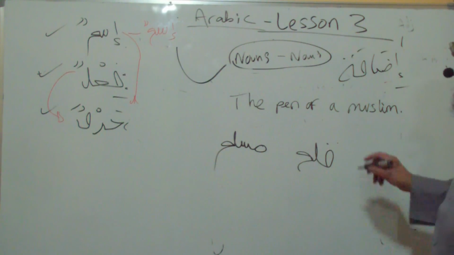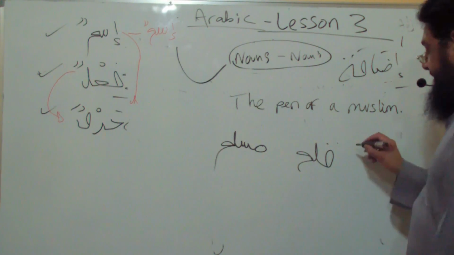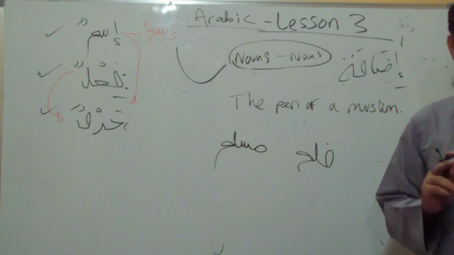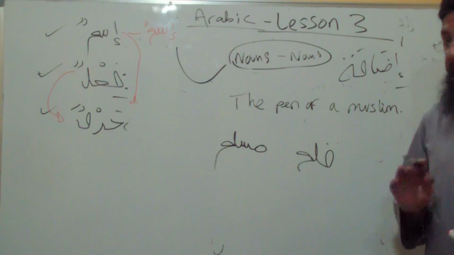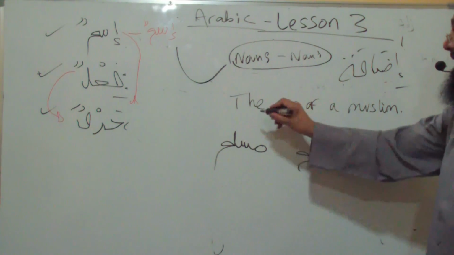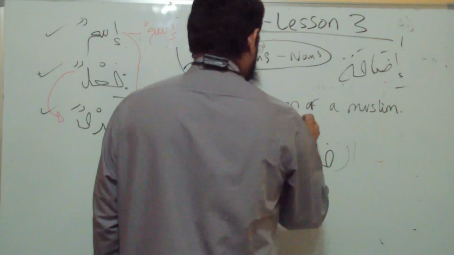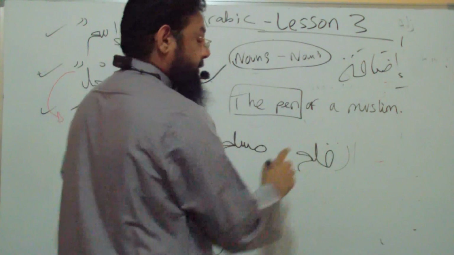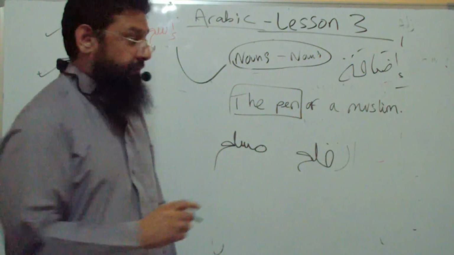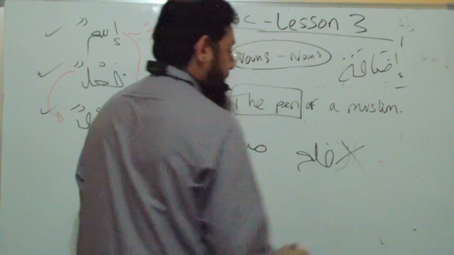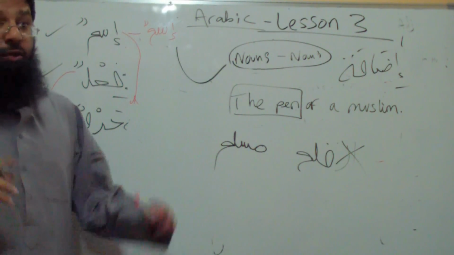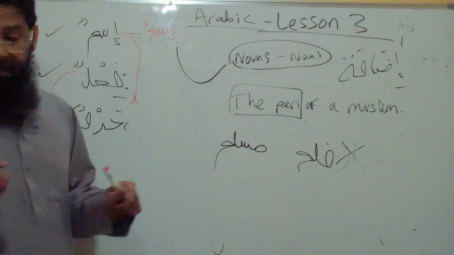The rule is that qalam, the first noun, doesn't have a definite article. That's rule number 1. In an idafa, you'll never see al-qalam. Even though it says here "the pen", it is an assumed definite, without the definite article. It will never have al, but you presume it to be al, okay?